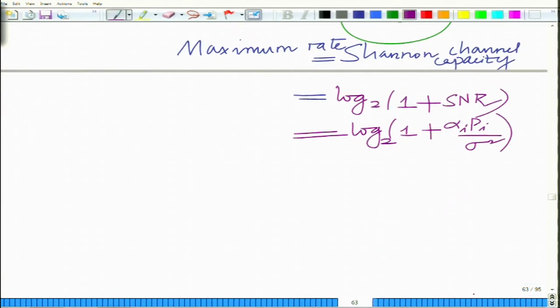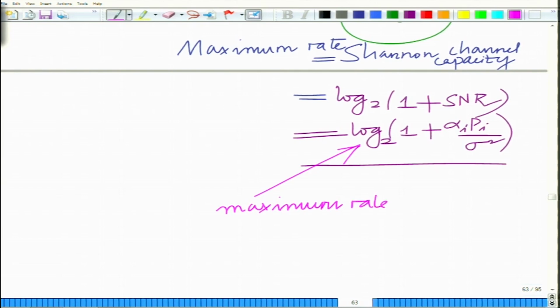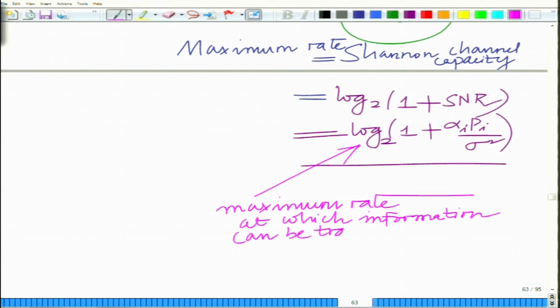So, this is the maximum rate at which information can be transmitted over channel i.